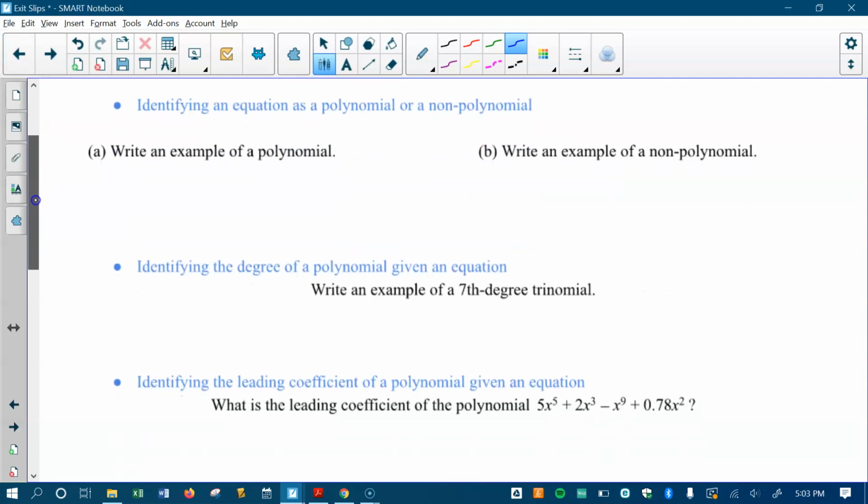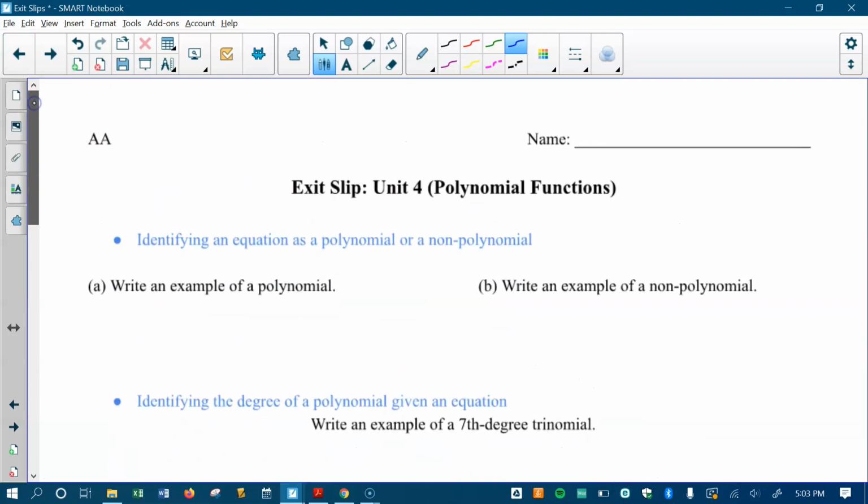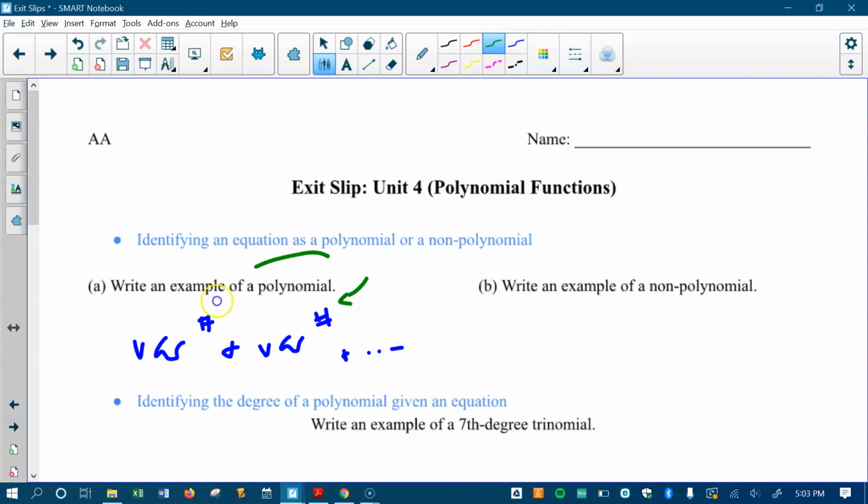Alright, let's go. Identify an equation as a polynomial or a non-polynomial. So a polynomial is going to be something like a variable to a number plus another variable to a number plus as many as you want of these. The number we have to be careful with. The number has to be a whole positive number. It cannot be a negative number there. We cannot have any fractions there.